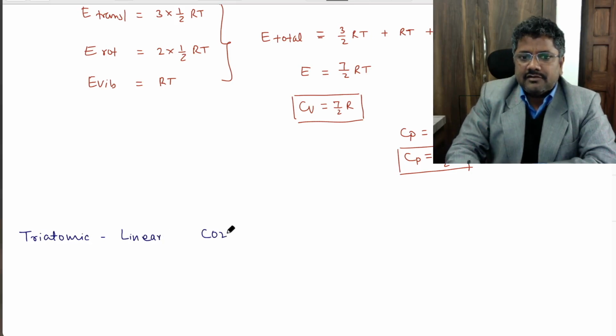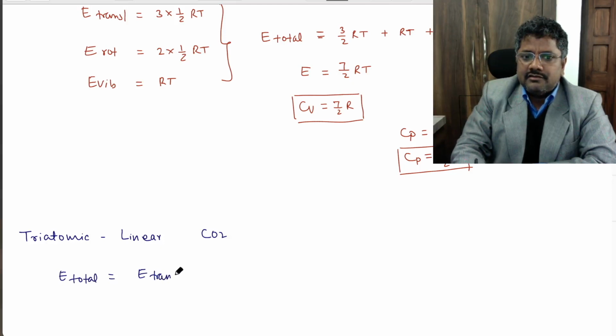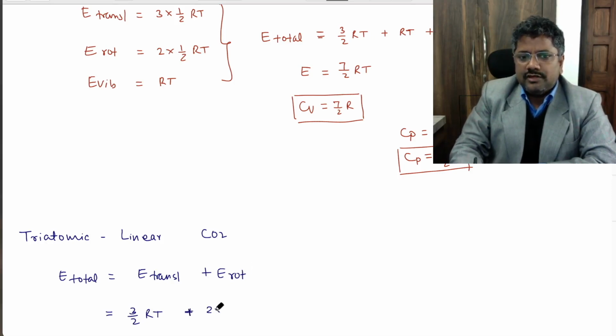like carbon dioxide. So I am directly writing E total is equal to E translational plus E rotational. I am taking this 2 only. So this is 3 by 2 RT plus, linear, so 2 into 1 by 2 RT is equal to 5 by 2 RT.